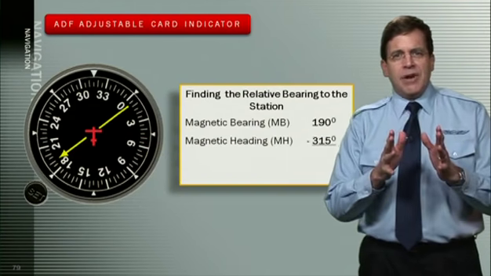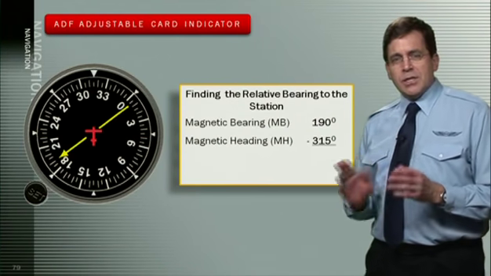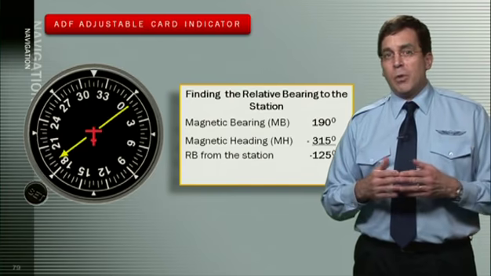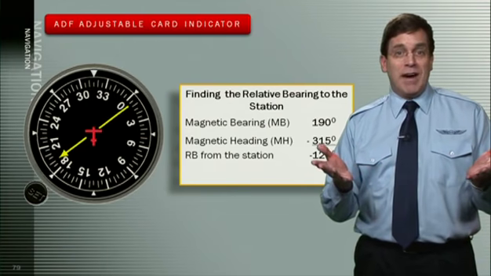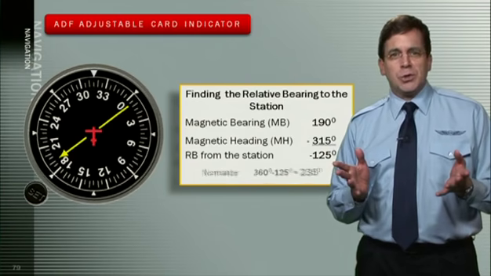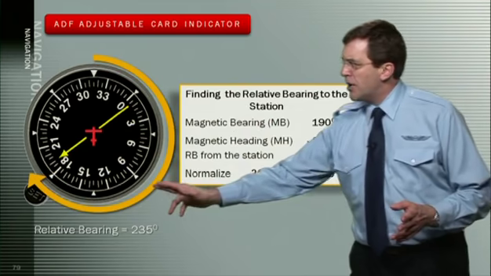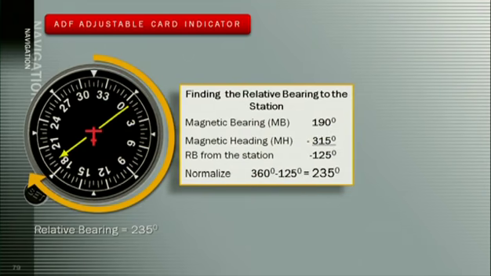The magnetic heading found on your compass is 315 degrees. Subtracting 315 from 190 equals negative 125, so we need to normalize by adding 360 degrees, resulting in a relative bearing of 235 degrees. The relative bearing is only relative. It may not necessarily agree with the compass card or the ADF pointer.